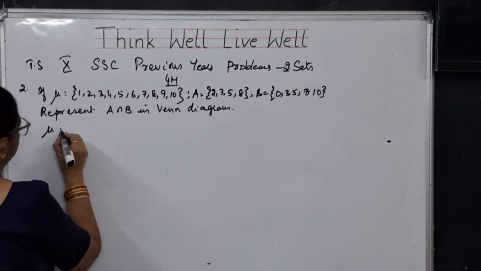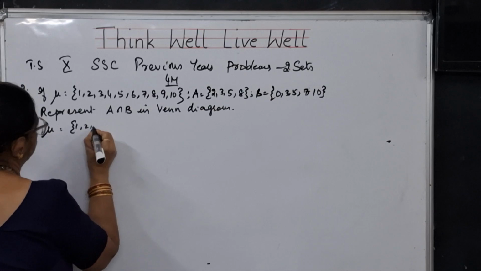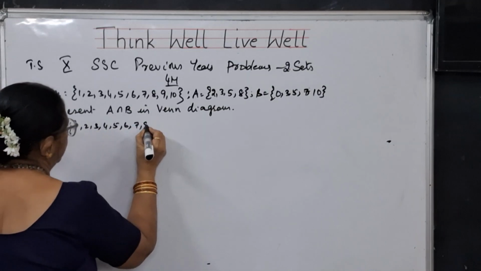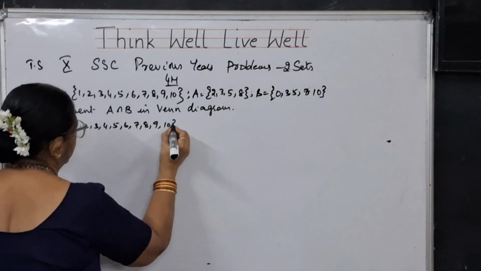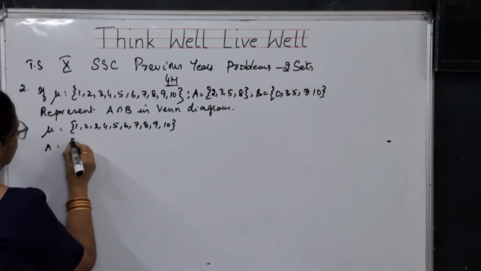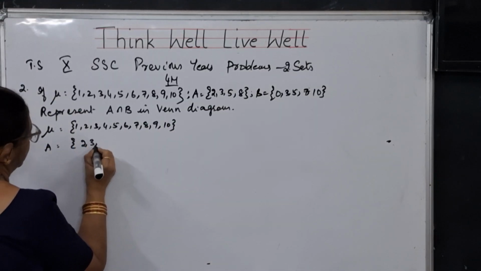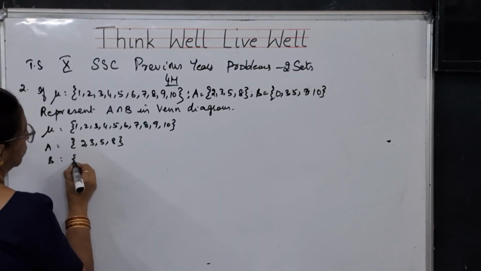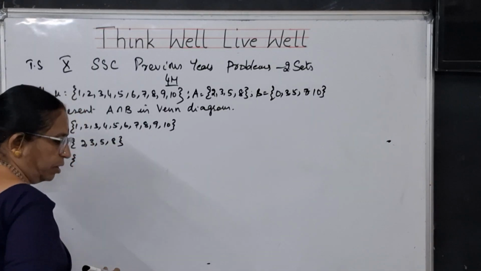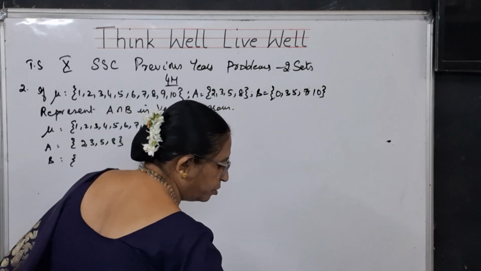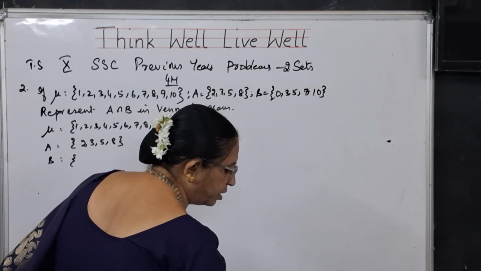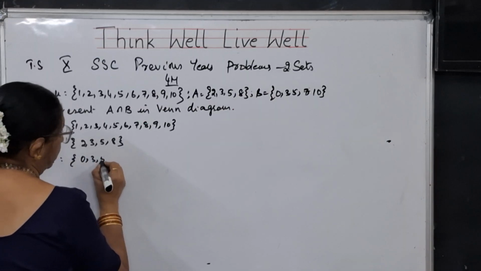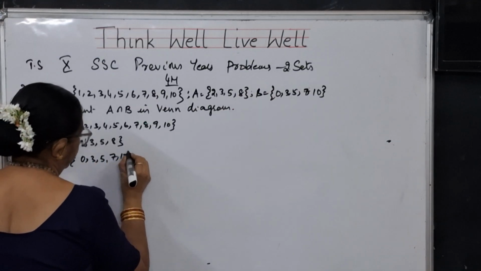So, what is given to you? Mu is 1, 2, 3, 4, 5, 6, 7, 8, 9, 10, and A is equal to 2, 3, 5, 8, and B is equal to 0, 3, 5, 7, 10.